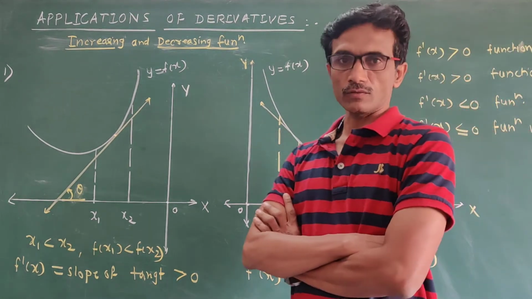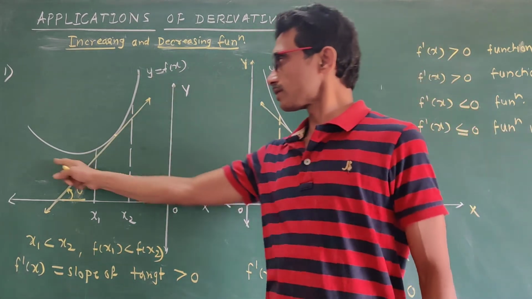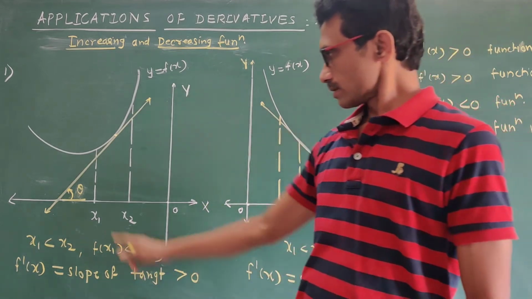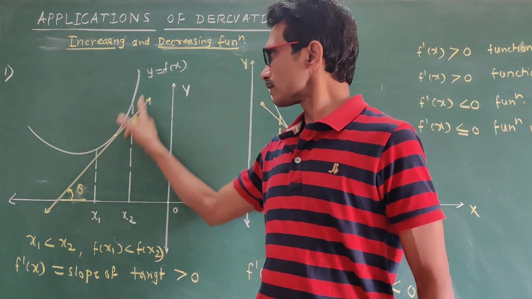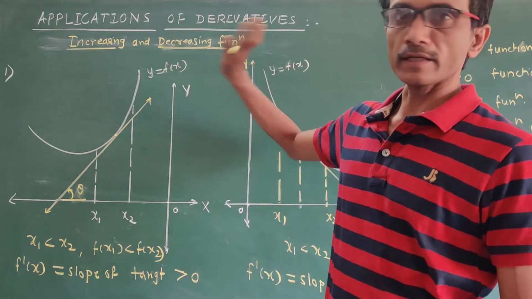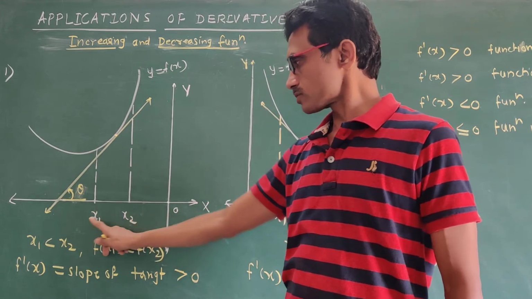So in a very short time we will see what an increasing function is. Here I have drawn the graph of the function y is equal to f(x). Here you will observe that the graph of the function is sloping upward, therefore it is an increasing function. Or you can take any two points x1 and x2.